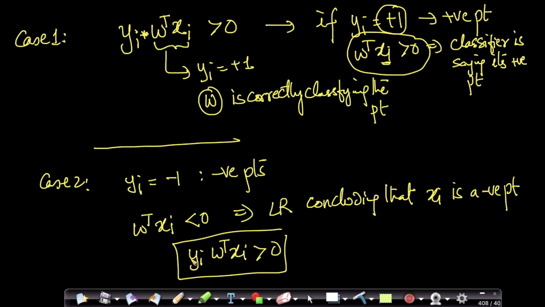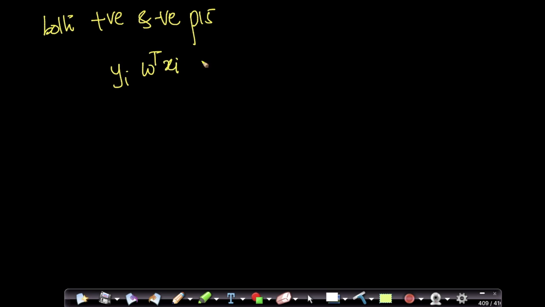So this is for positive points, and this is for negative points. Whether it's a positive point or a negative point, if yi w transpose xi is greater than 0, this is important. For both positive and negative points, if you take yi w transpose xi, and if it is greater than 0, what does this imply?